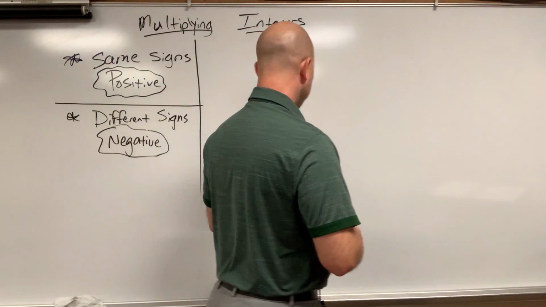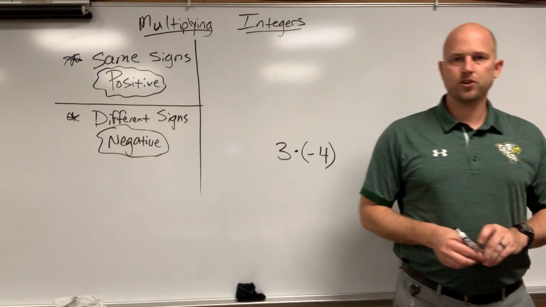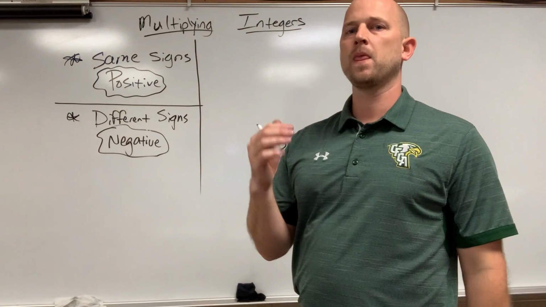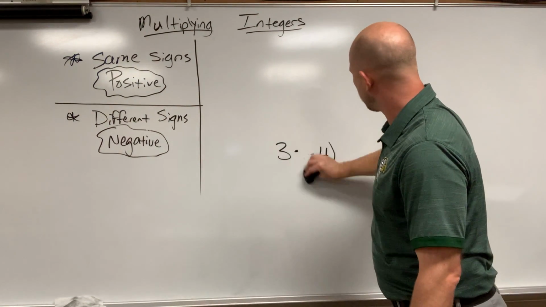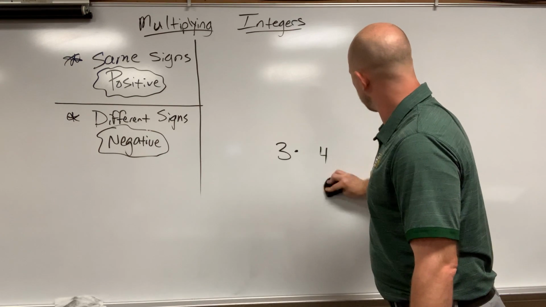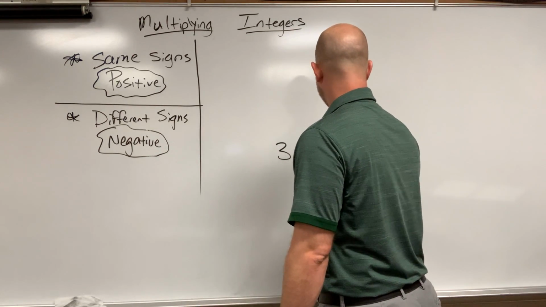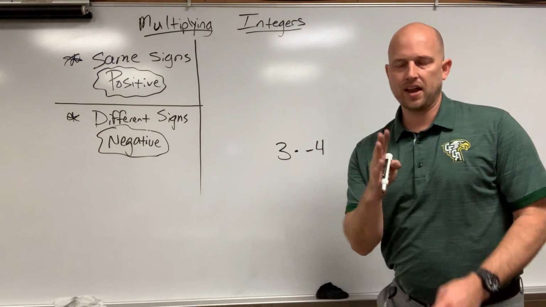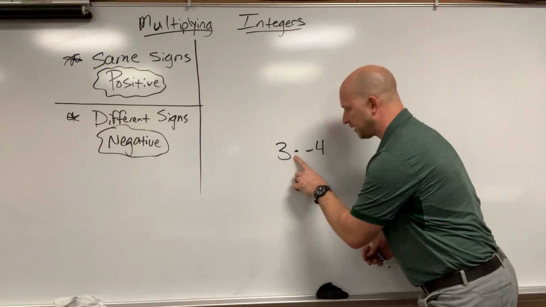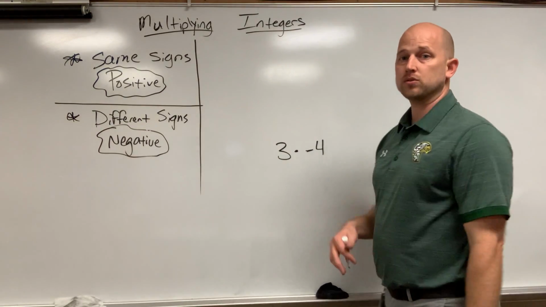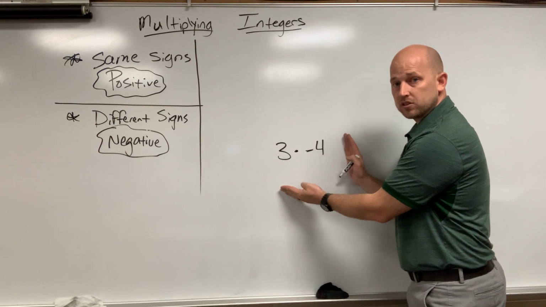On your work, the software that I'm using will actually do it this way. We read left to right, 3 times -4. I'll give you a second. I want you to work on this, see what your answer is, and let me know.